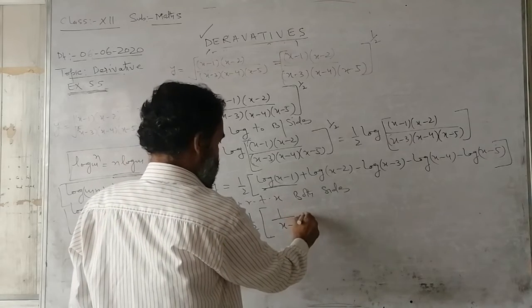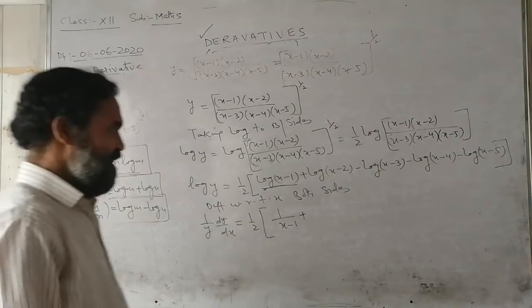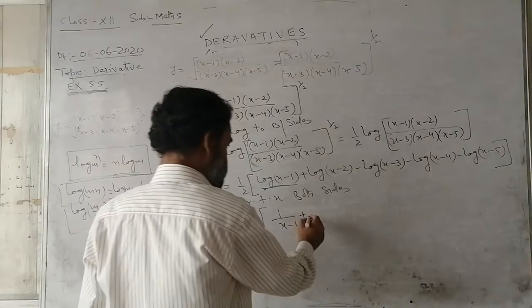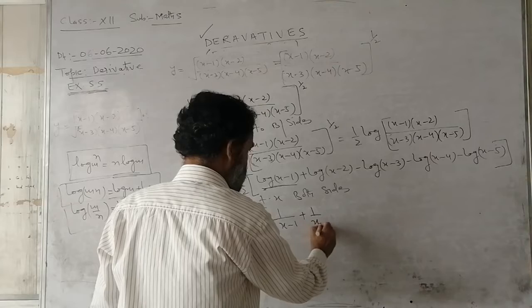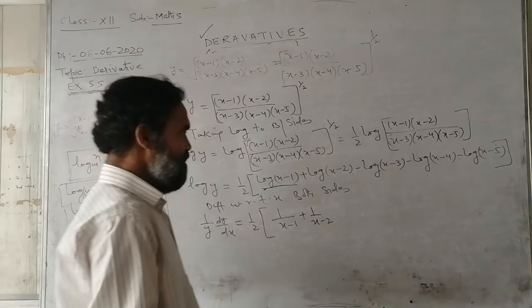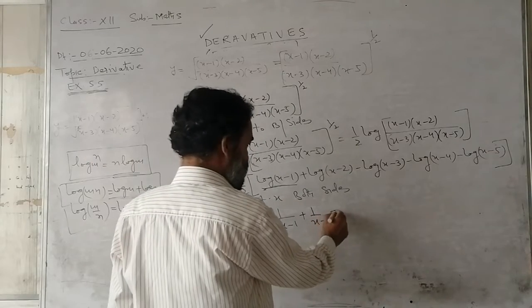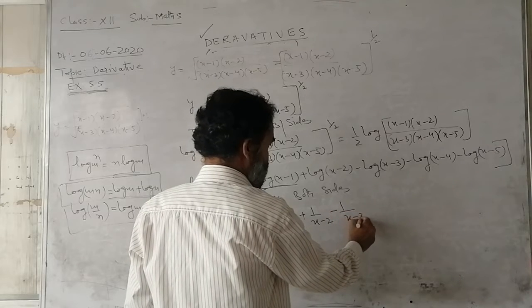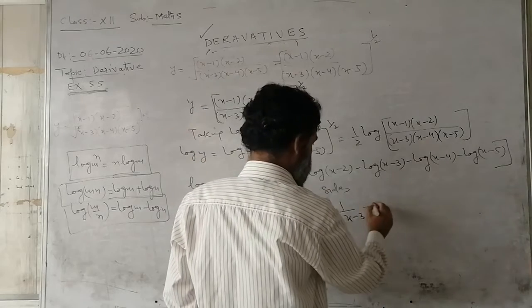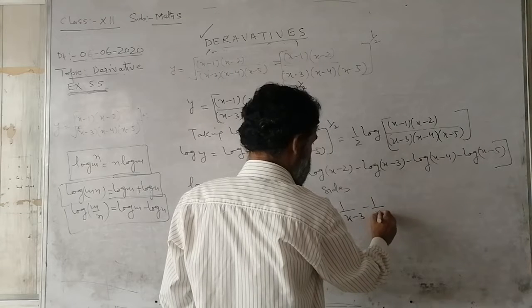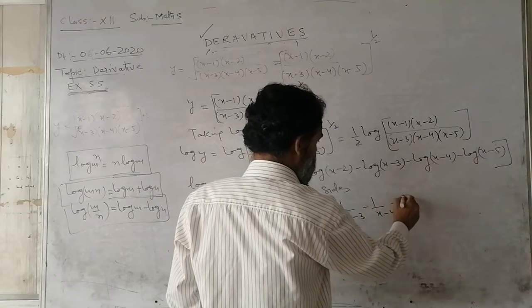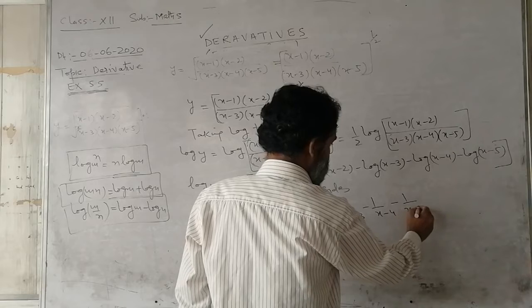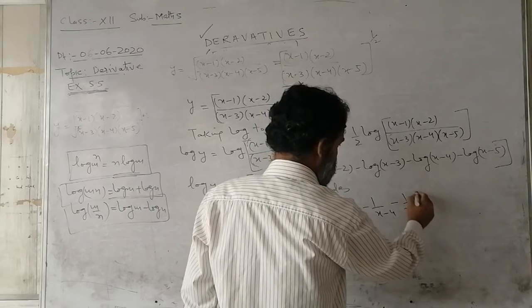Then the derivative of log x minus 2 is 1 upon x minus 2 simply. Then minus sign, its derivative 1 upon x minus 3, then 1 upon x minus 4, and lastly 1 upon x minus 5.